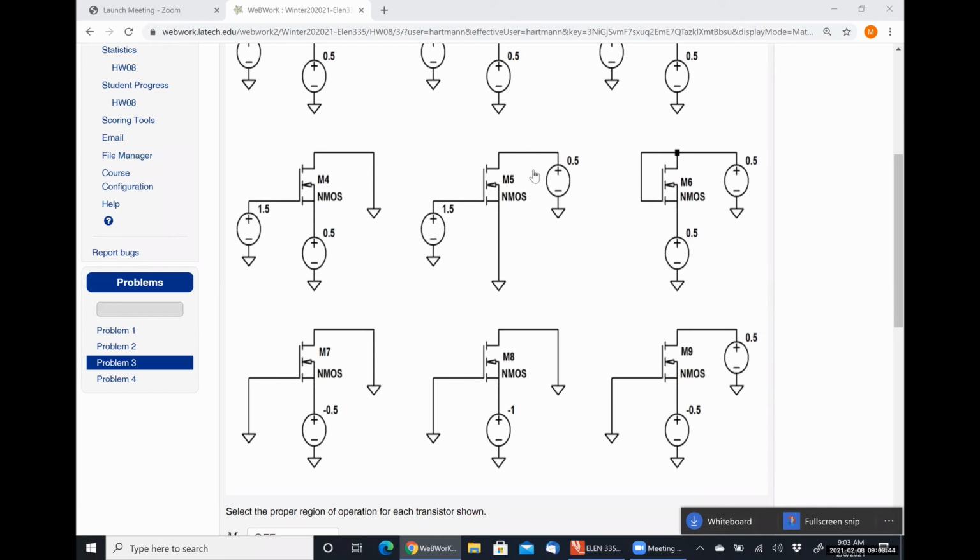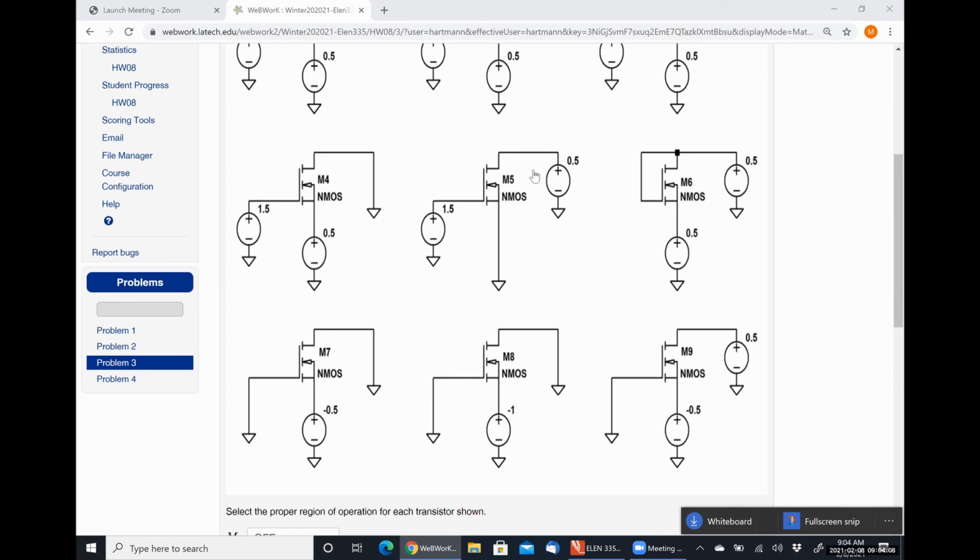So what's the voltage applied at the gate? What's the voltage applied at the source? All right, so what's VGS? It's the gate minus the source voltage, right? So positive 0.5 volts. Is that greater than the threshold voltage of 0.4? Sure, so it's on. And we have VGS minus VTH equal to 0.1 volts.